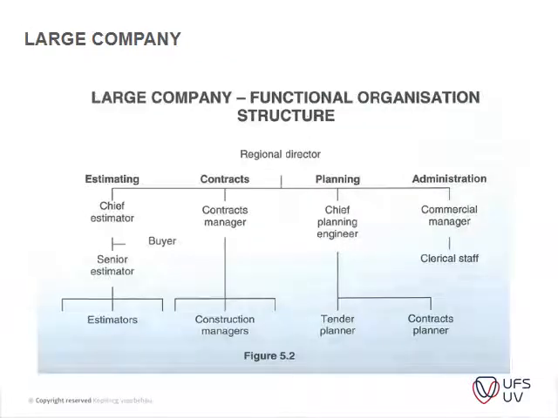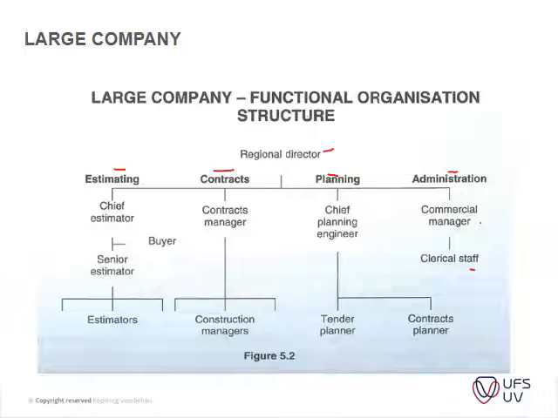Okay, and then your large companies will usually have an estimating department, contracts department, planning division, and administration, with your commercial manager and clerical staff working on the financial or admin side of the company. And then you might have a regional director at the top.